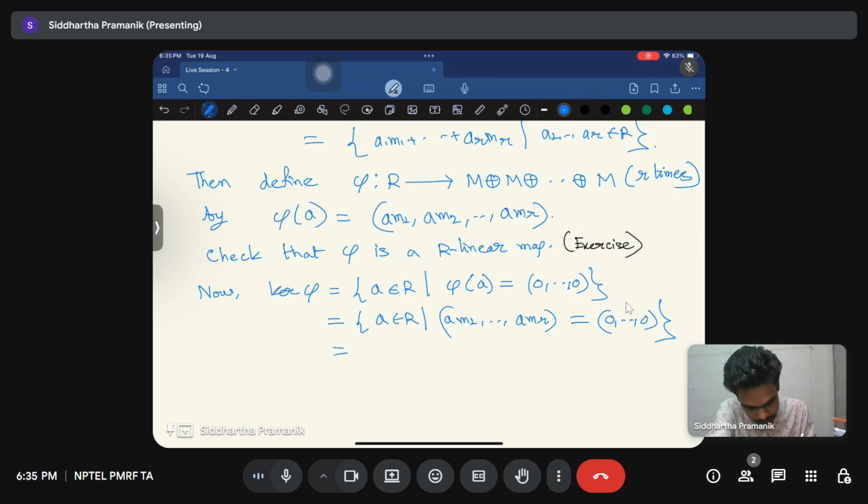So that means a belongs to R such that am1 equals 0, am2 equals 0, dot dot amr equals 0, all these elements are 0.